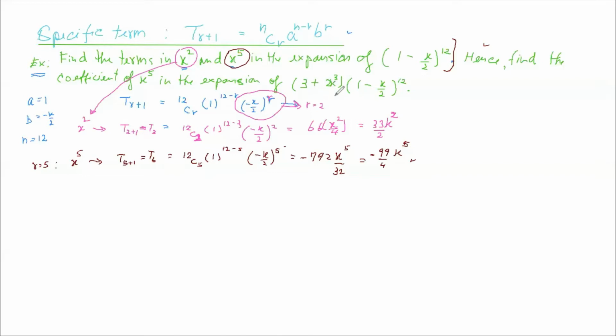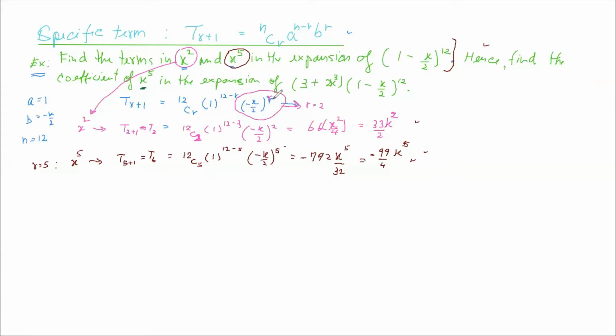In this one, (1 minus x over 2) power 12, we already have at least these two terms. But the question wants us to find x power 5. To find x power 5, these two brackets multiplied, we get only the term with x power 5.